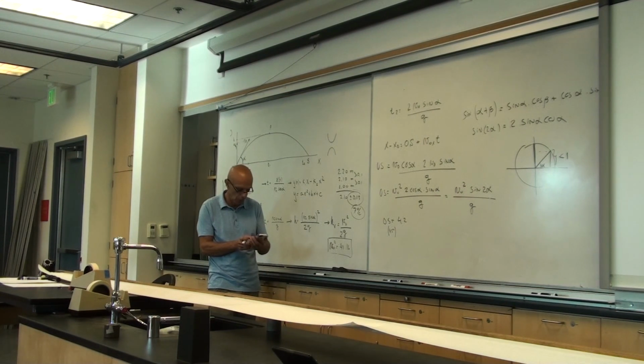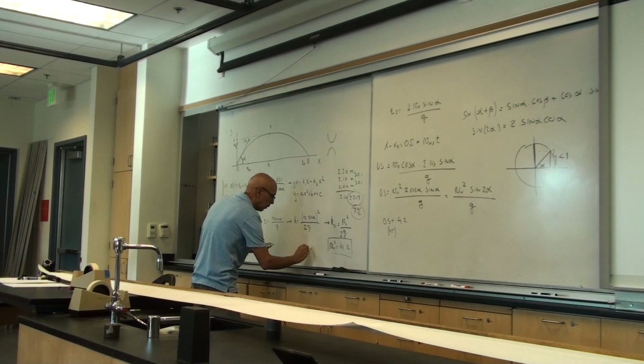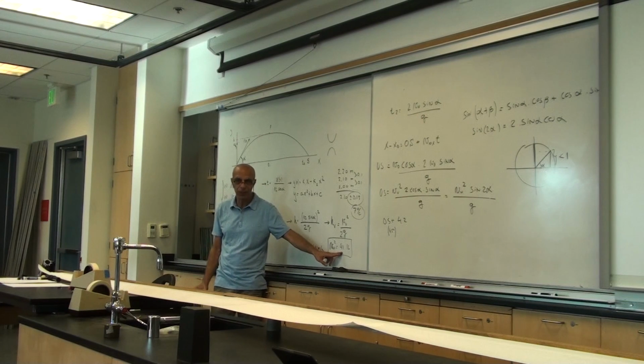It's the square root of 41.16. So V0 is 6.41 meters per second. That is V0, but this here is V0 squared.